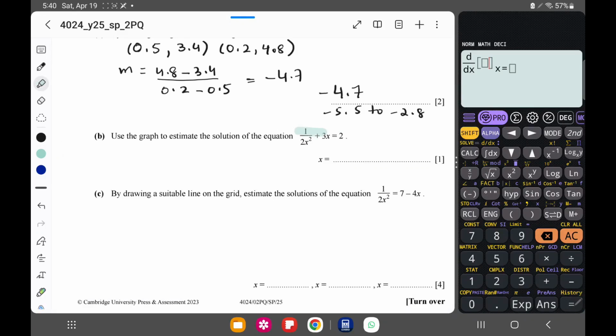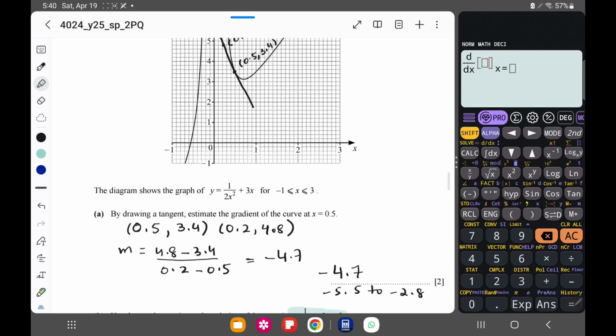So just you have to write down this equation, not this one. You have to write down this equation in your calculator and give the limit 0.5, at which you have to find out the gradient. Okay, so that is 1 upon 2x square. Your x is there, alpha x, 1 upon 2x square, and then you just go up and then write down plus 3x, and then come out and write down 0.5.